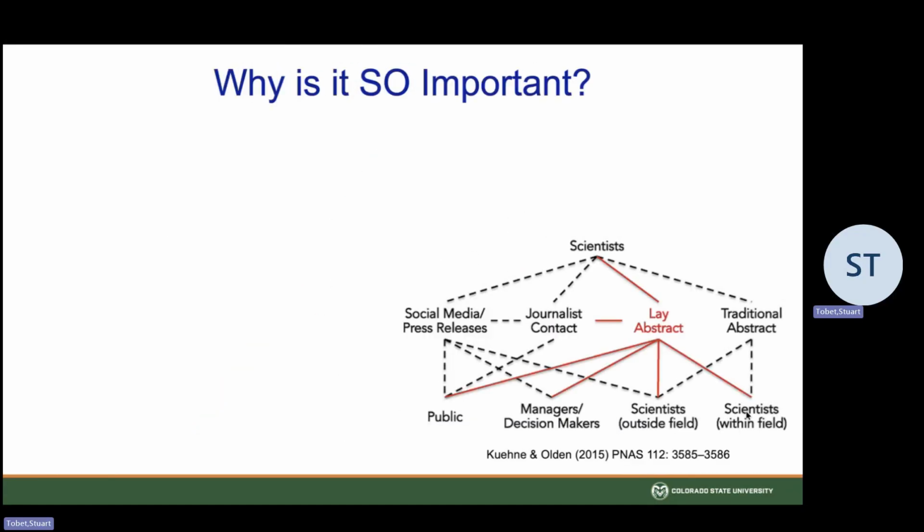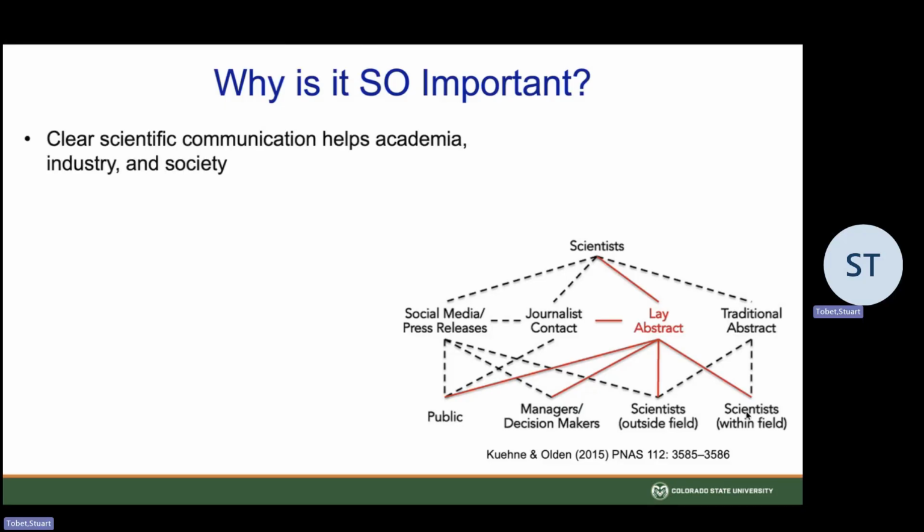So why is it so critically important for you to learn how to do this and get much better at it? Primarily because we need to inform the public of what is necessary to keep science going, so that we have clear communication that helps everybody know the value of the scientific work that you've done as a graduate student, the scientific work you're doing in industry, or the scientific work you're doing to further our understanding of the world around us.